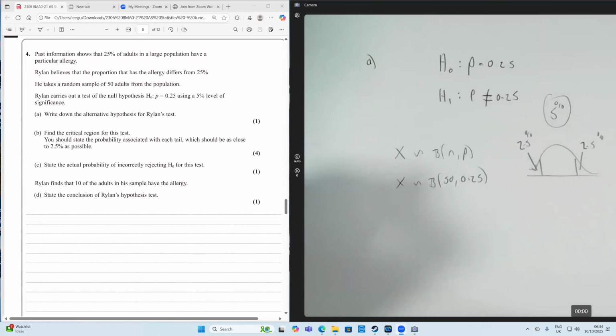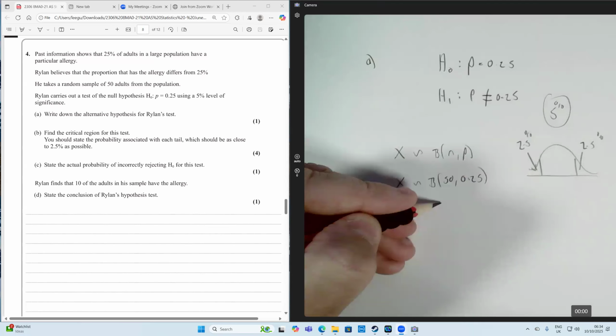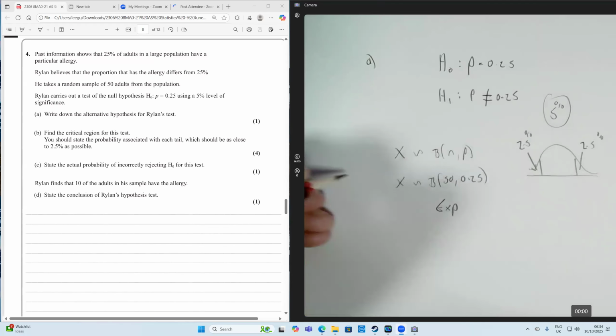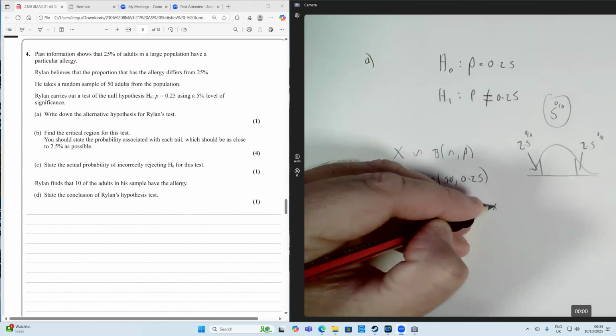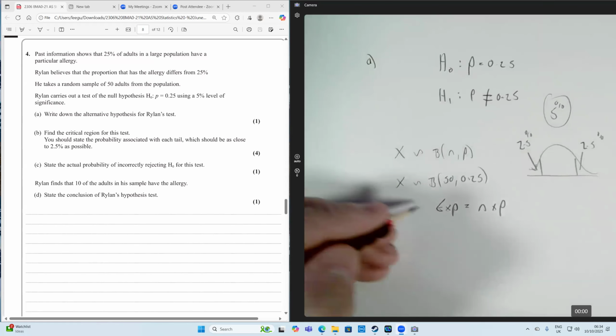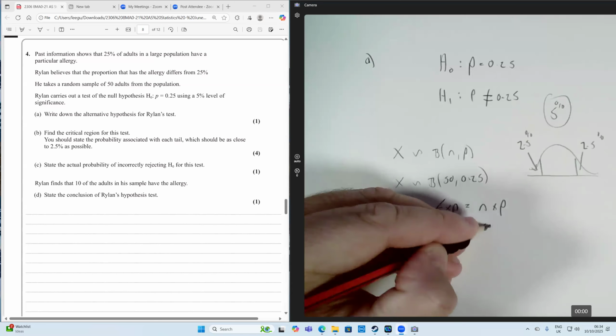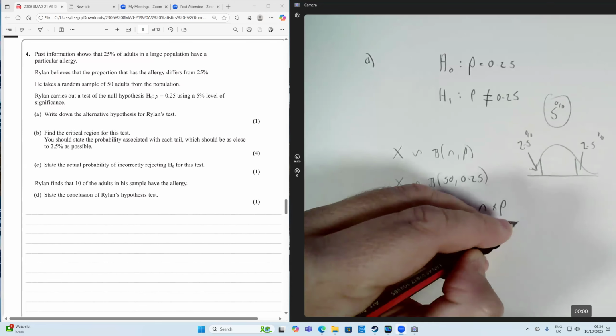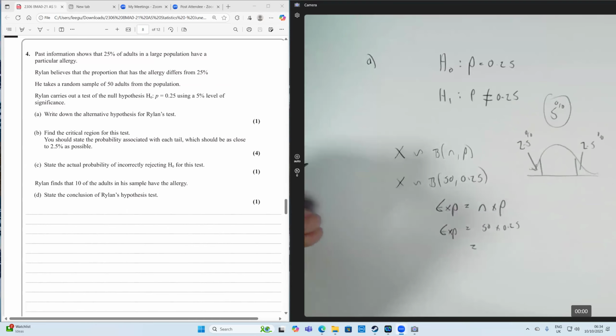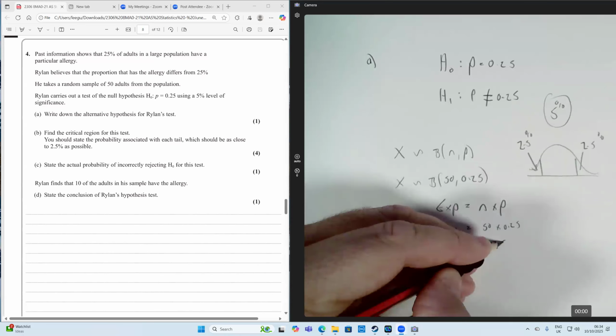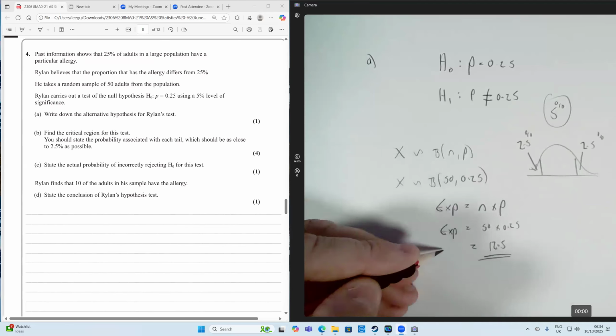Now, it's also useful, I think, to work out the expected value. Remember, in the binomial, the expected value is n times p. So in this case, the expected value is 50 times 0.25, which is 12.5.